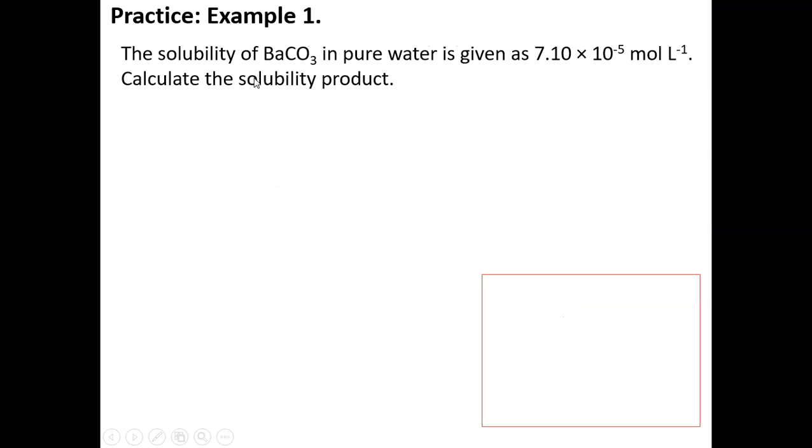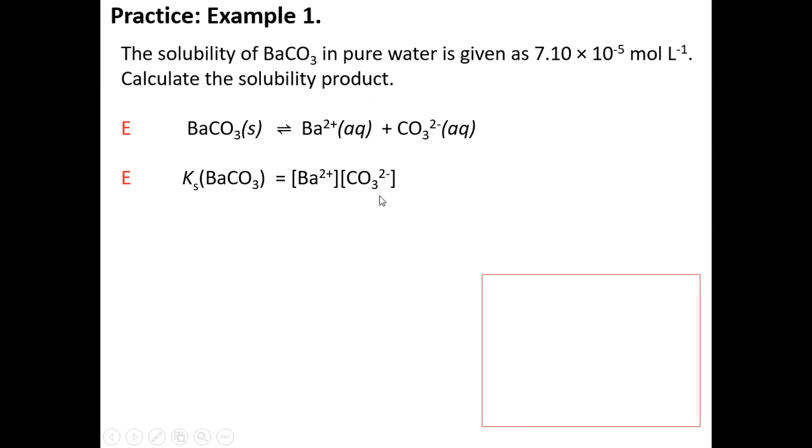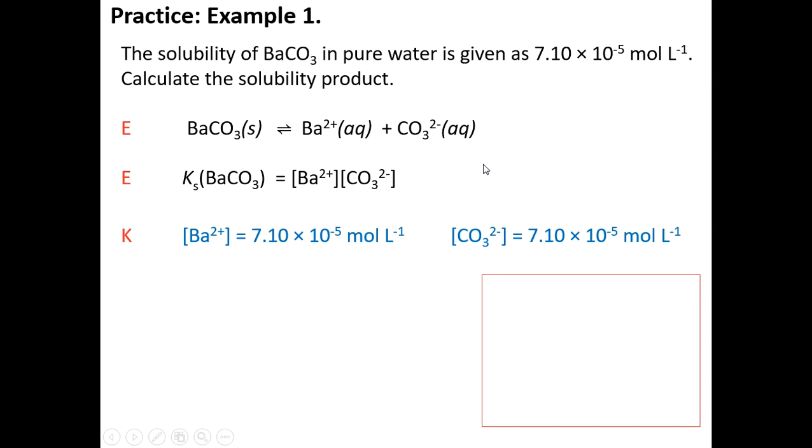Let's do another example. Barium carbonate. You are given the solubility. Calculate the solubility product. Remember, EEC, first equation, make sure it's balanced. Then the expression, and you should have no problems if you've written the equation correctly.